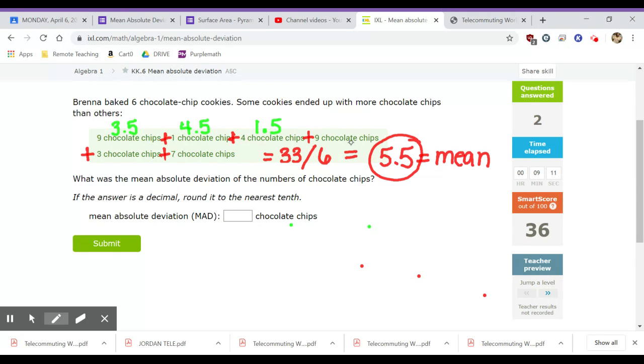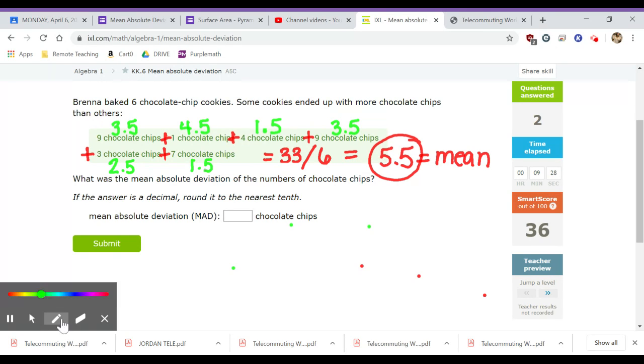I already have 9 minus 5.5 is 3.5. 5.5 minus 3 is going to be 2.5. And then 7 minus 5.5 is going to be 1.5.